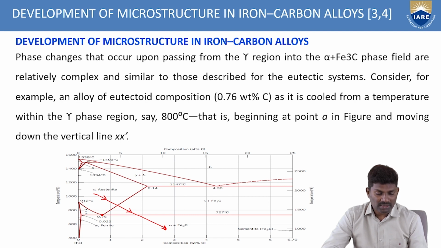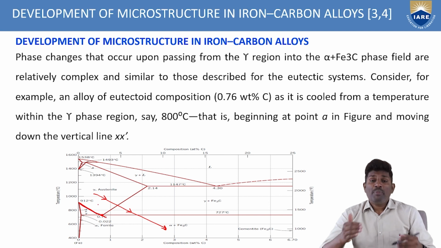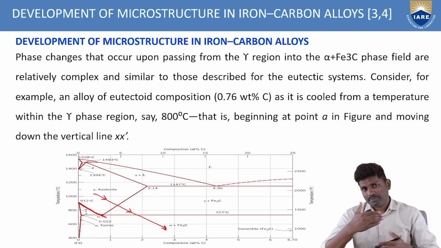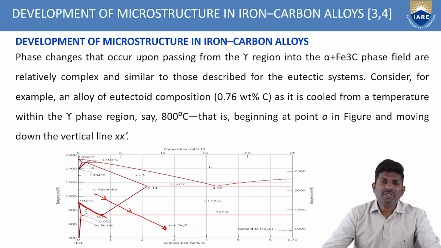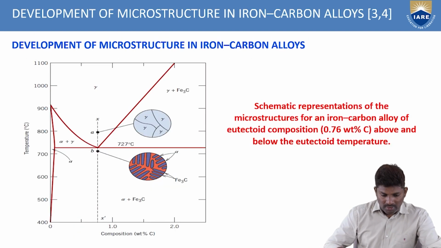Slowly it is cooling like this. Upon this cooling, there is a transformation of the microstructure from austenite to alpha plus Fe3C.